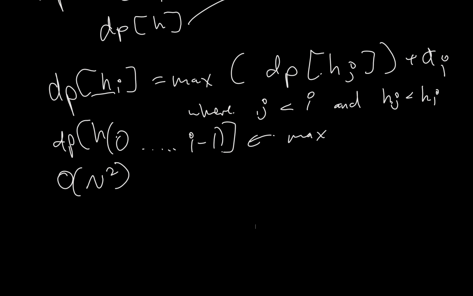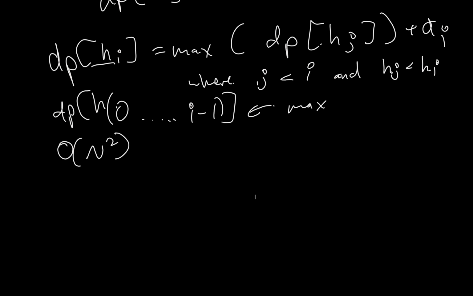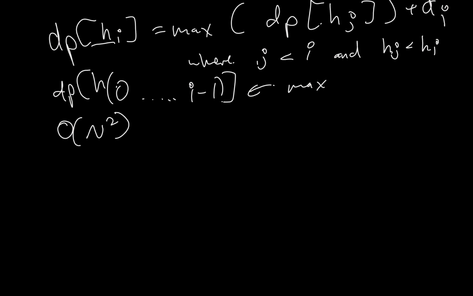So what can we do? Essentially, if we calculate it sequentially, where i is 0, 1, 2, 3, and so on, all we're doing is a max query where the heights are from 0 to h_i minus 1.